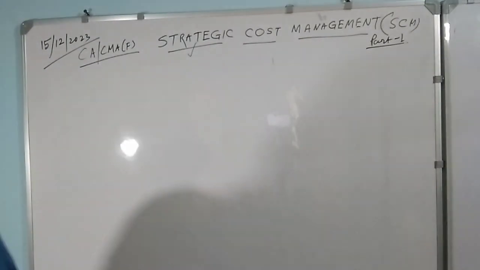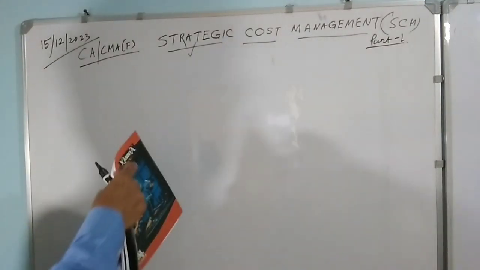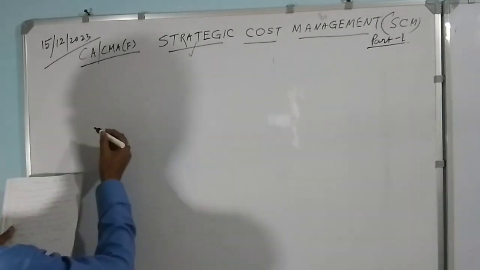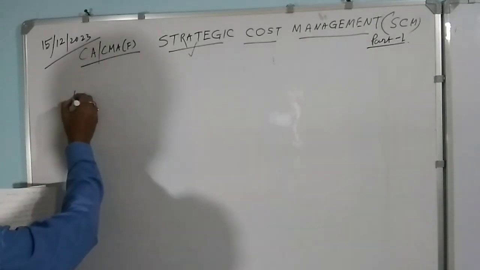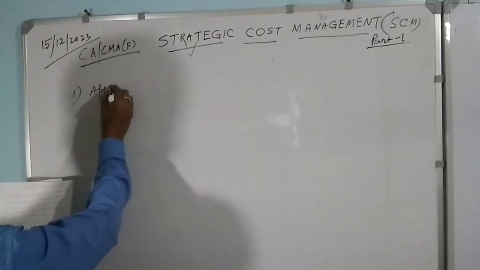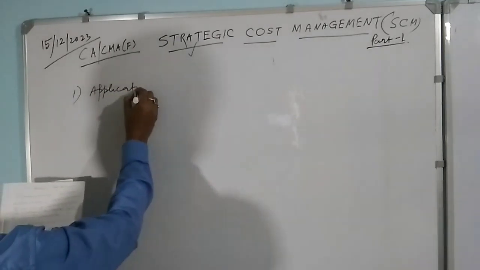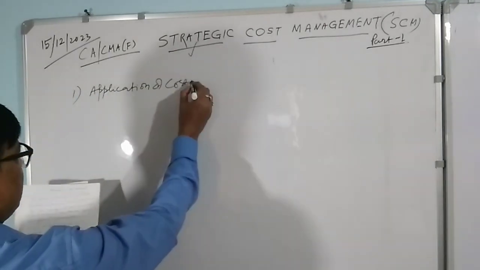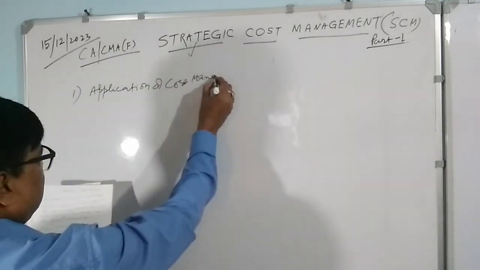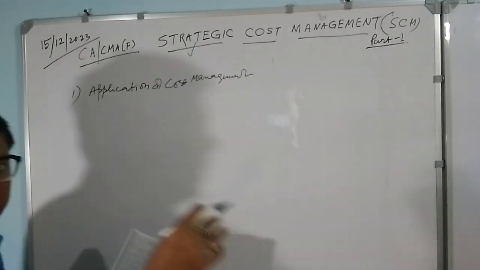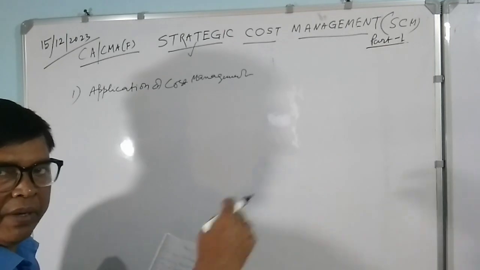You see that your strategic management, number one, what you have to do: application of cost management technique. We are talking about some process, identifying, classifying, observing.